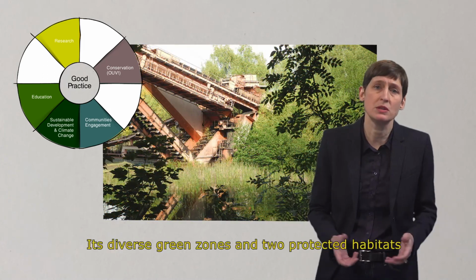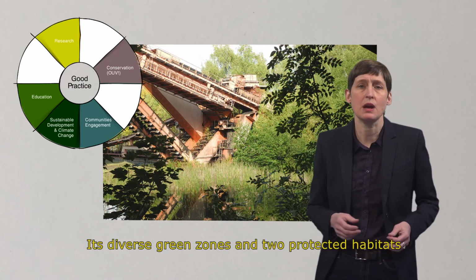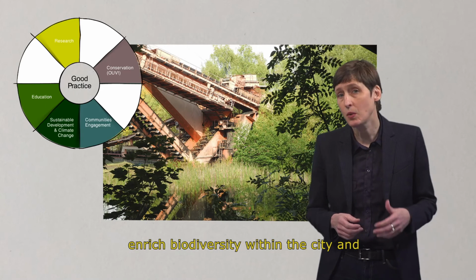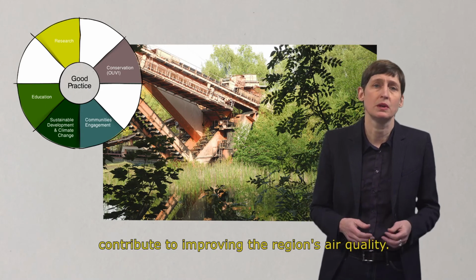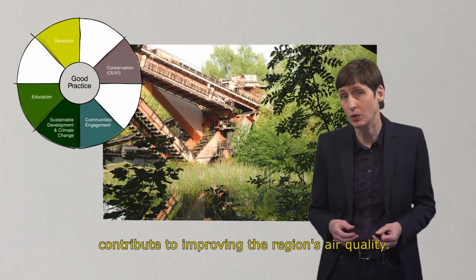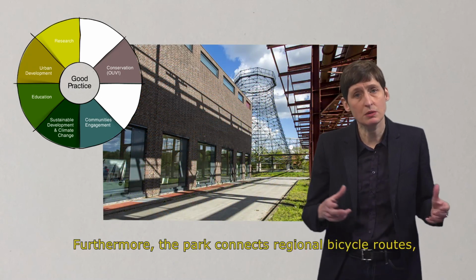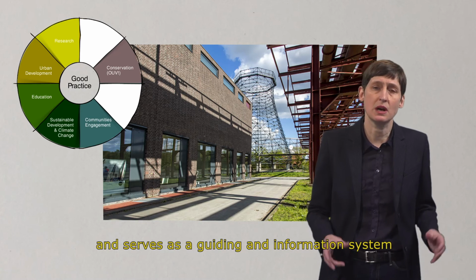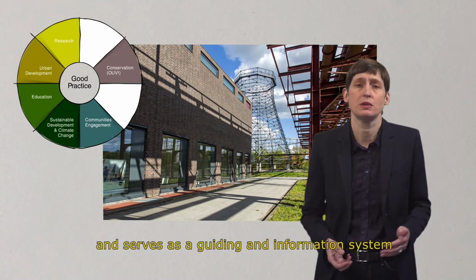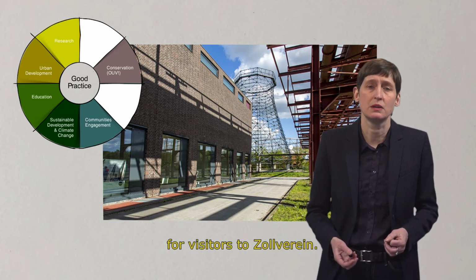Its diverse green zones and 2 protected habitats enrich biodiversity within the city and contribute to improving the region's air quality. Furthermore, the park connects regional bicycle routes and serves as a guiding and information system for visitors to Zollverein.